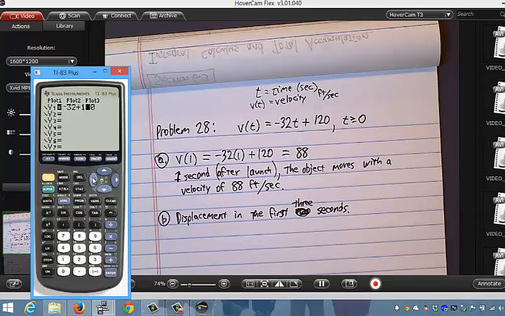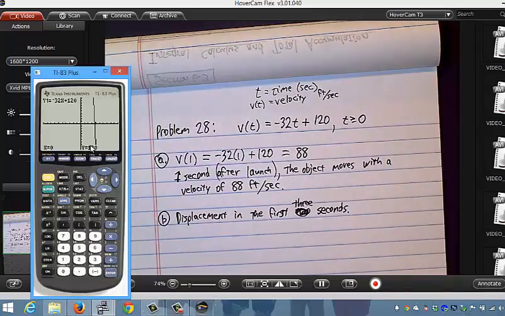I don't have a t button, I'll just put an x there. Let's try the standard zoom for starters. I don't really like my picture. I mean, it's okay. But of course, we know that if I were to hit trace, see when x is 0, y is 120, right?